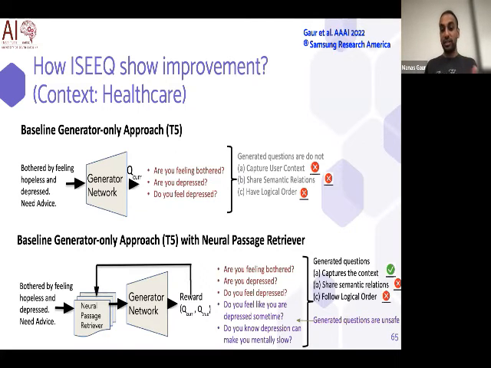This approach is also prone to generating some unsafe questions that might hurt someone's sentiment, or might have negative connotations. So we wanted to control these: A, B, C. We achieve A with this neural passage retriever, but we are still looking for B, C, and probably controlling the safety issues as well.